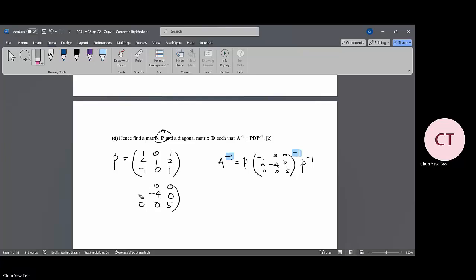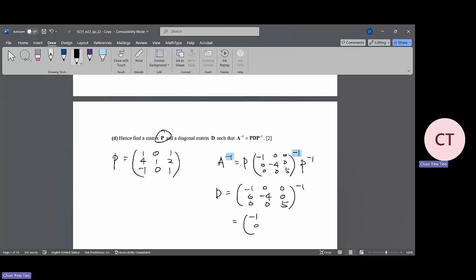So that means your D is equal to this. Power negative 1. Just treat it as a power negative 1. It will be the reciprocal. So done. This will be the answer for the part D.